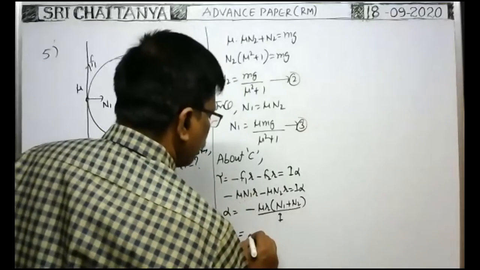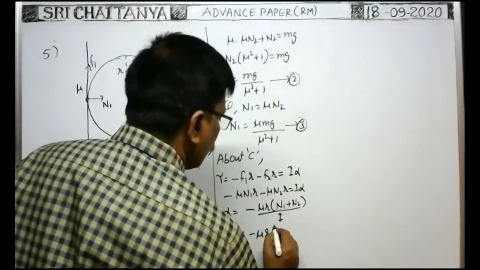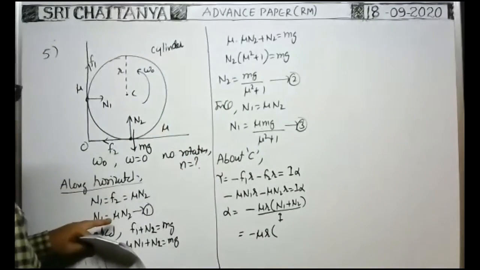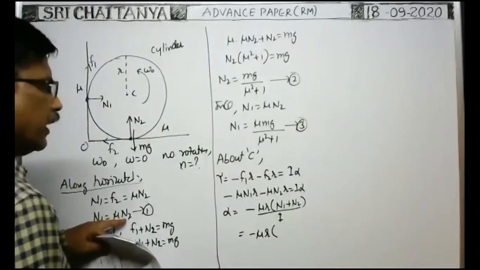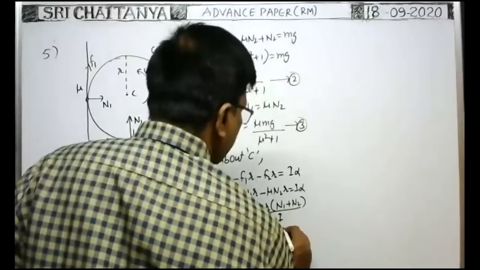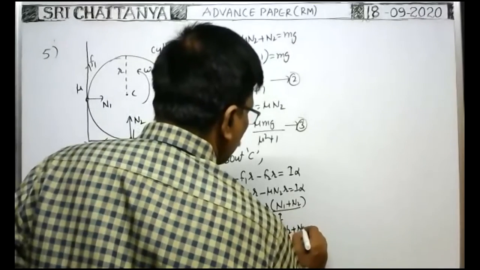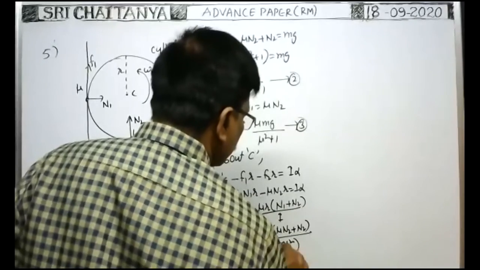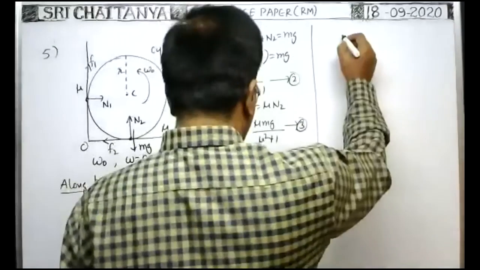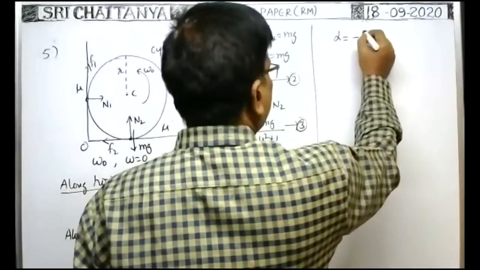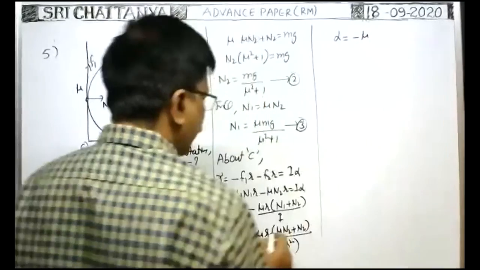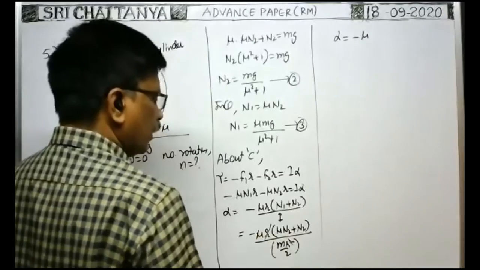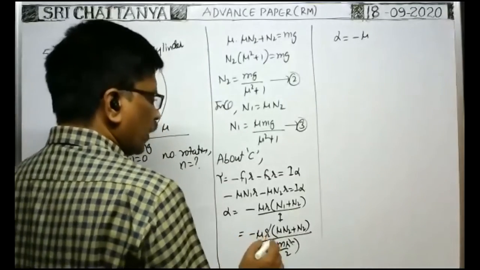That's why we can write minus mu r into N1, which can be written as mu into N2, plus N2, by moment of inertia m r square by 2. So alpha is equal to minus mu into r. Here r cancels. So 2 goes to the numerator.